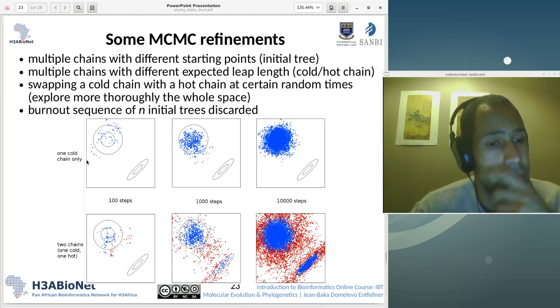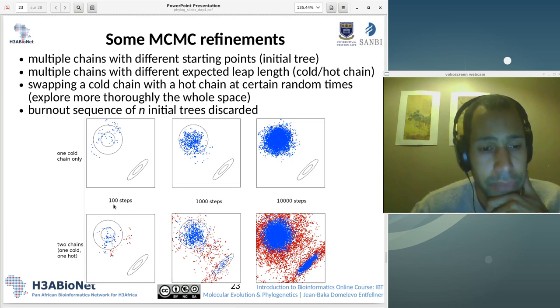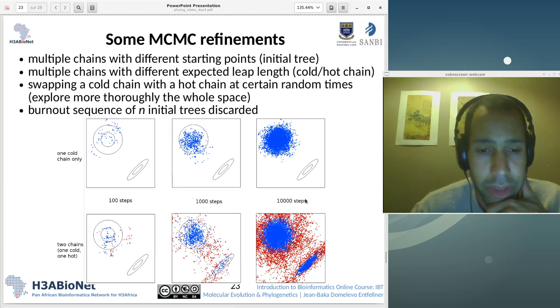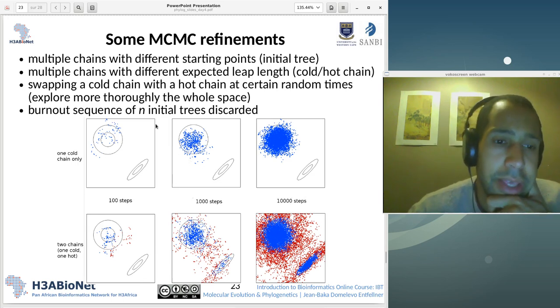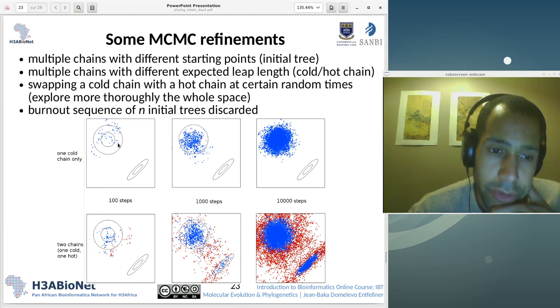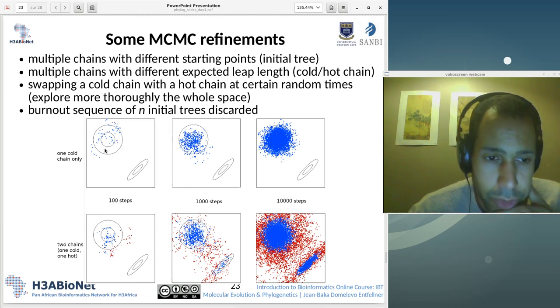So on top we have only one chain, and here this is the number of steps that have occurred. So here you have 100 points, here you have 1,000, and here 10,000. Let's imagine you have one chain. Remember your ant, because she's alone and she's jumping from one point to another.